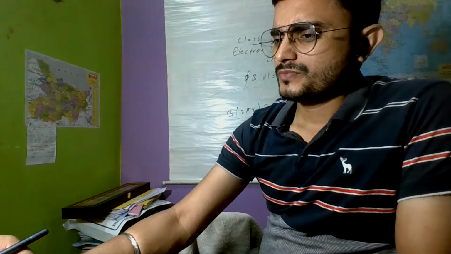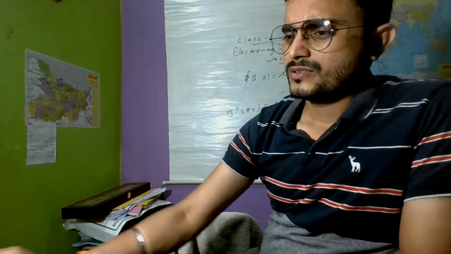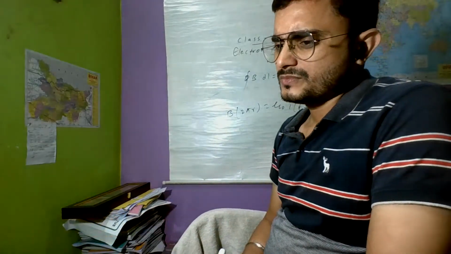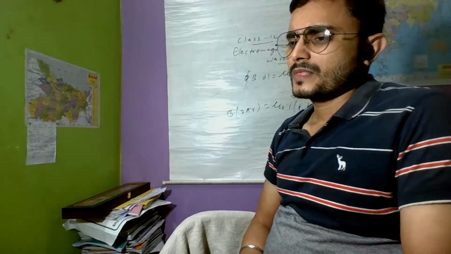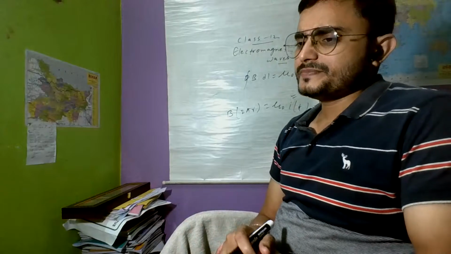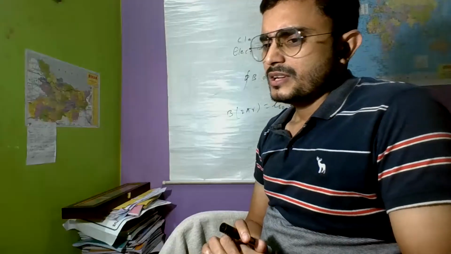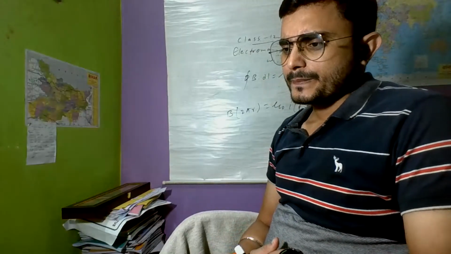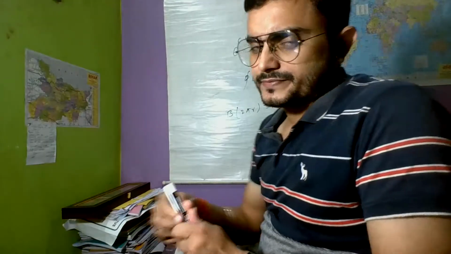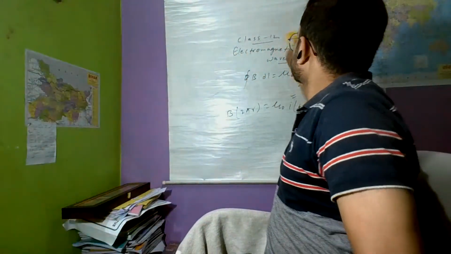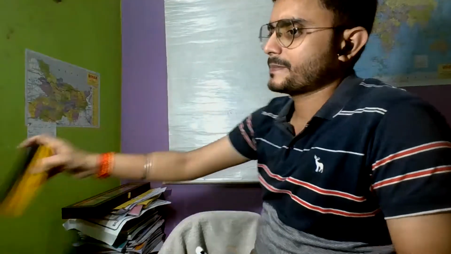Now, if the charge Q on the capacitor plate changes with time, there is a current I equal to dq upon dt.